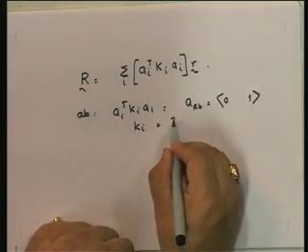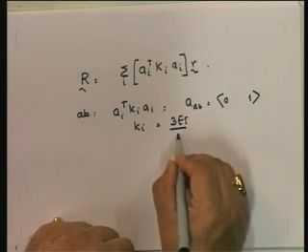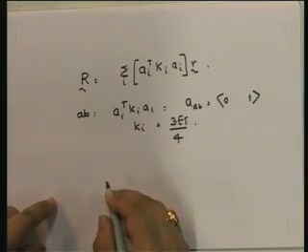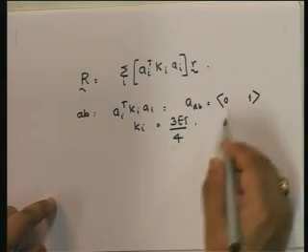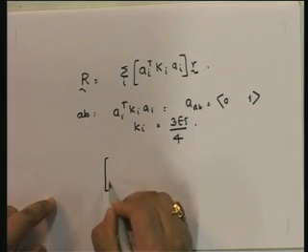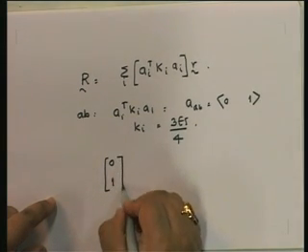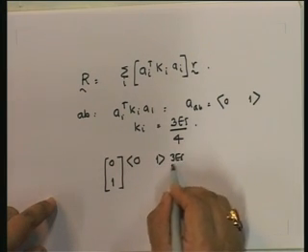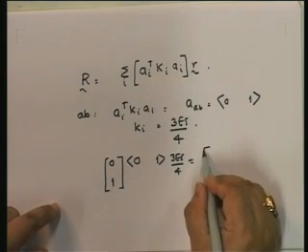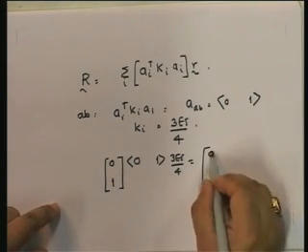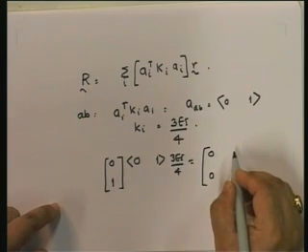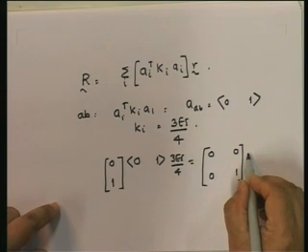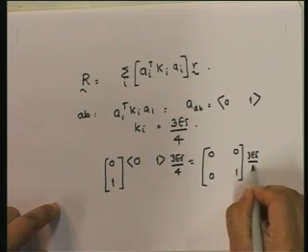Ki is equal to 3EI upon 4. Since Ki is a scalar, I can just do Ai transpose into 0, 1 into 3EI upon 4, and that becomes 0, 0, 0, 3EI by 4.